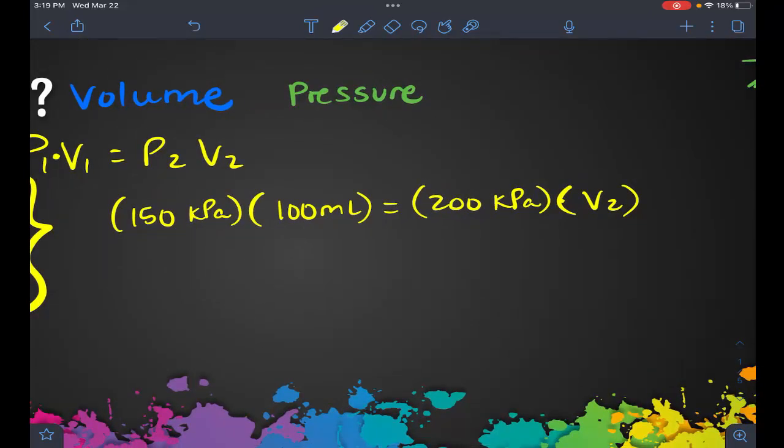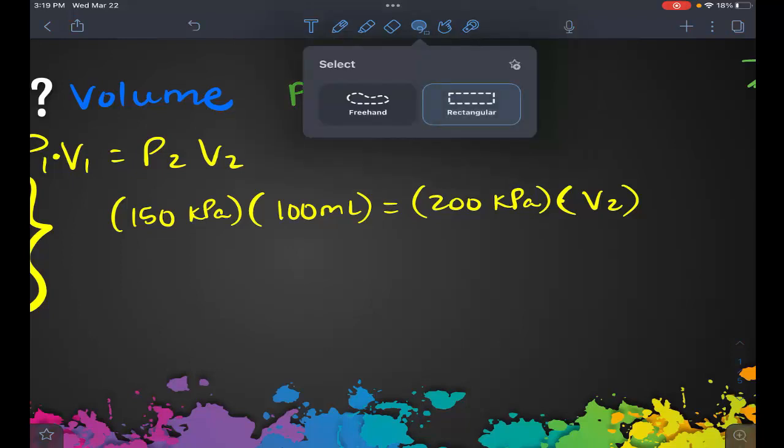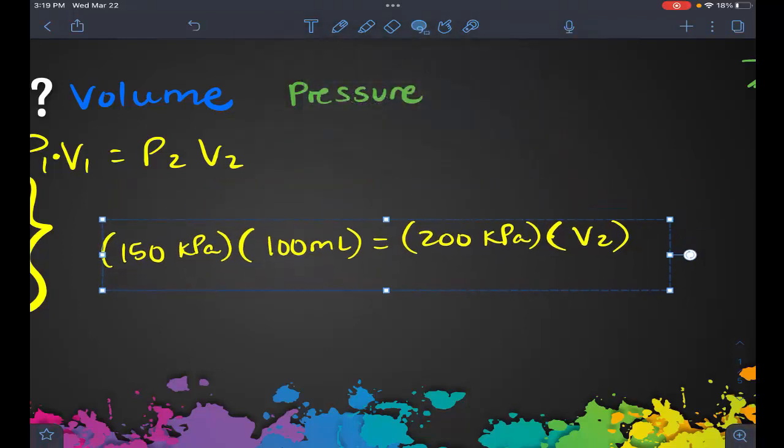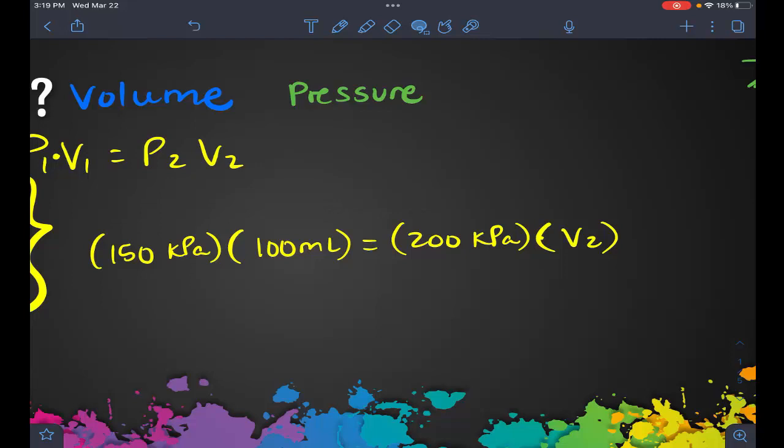You are going to use algebra to solve this. So this equation here, I need to think through algebra. How am I going to get V2 by itself? It's multiplied by 200 kPa, so I need to divide this side by 200 kPa. So divide by 200 kPa, divide by 200 kPa.